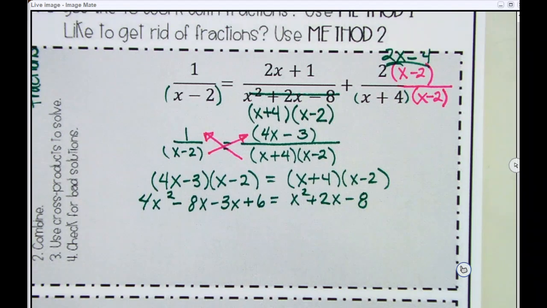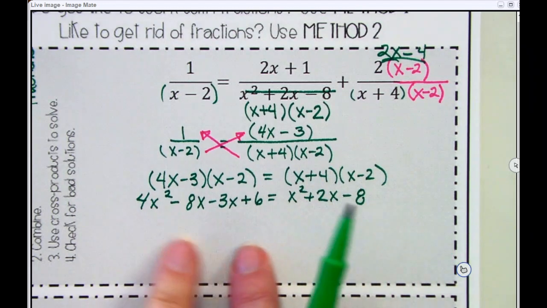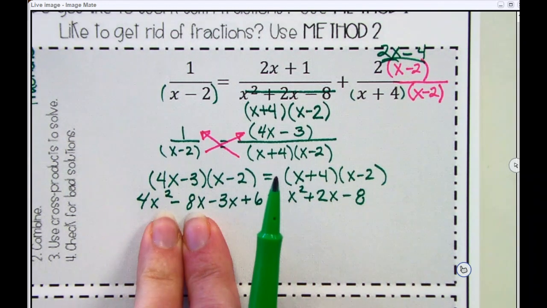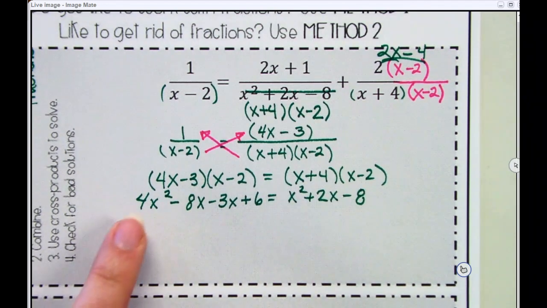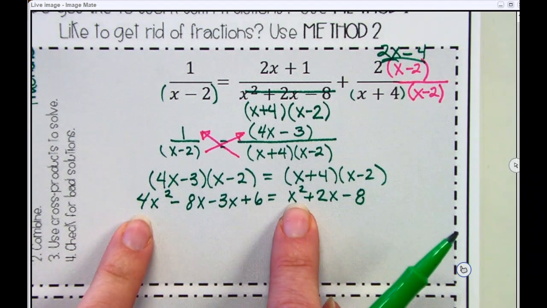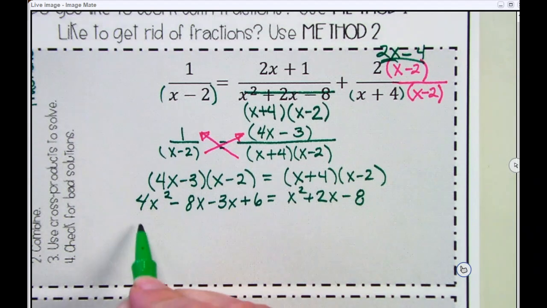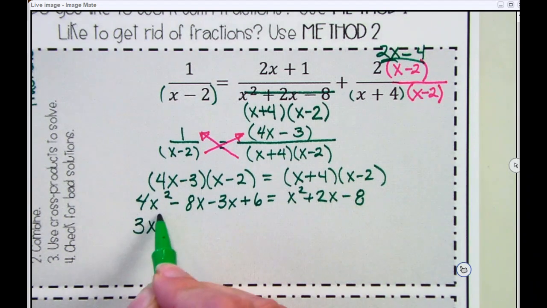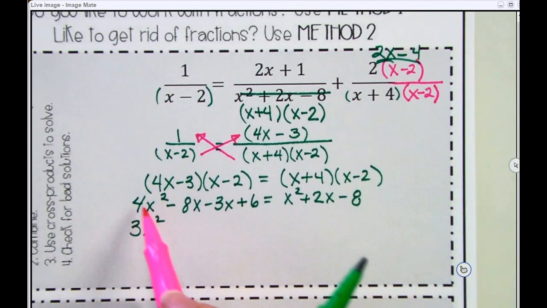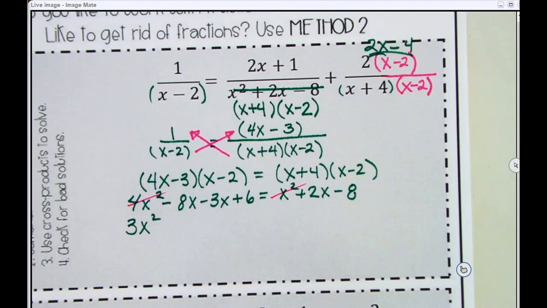I don't know about you guys, but I like to have my x squared positive. So I'm going to choose to move everything over to the left-hand side when I set this equal to 0. So I've got 4x squared minus 1x squared, which would be 3x squared. Gone, gone.